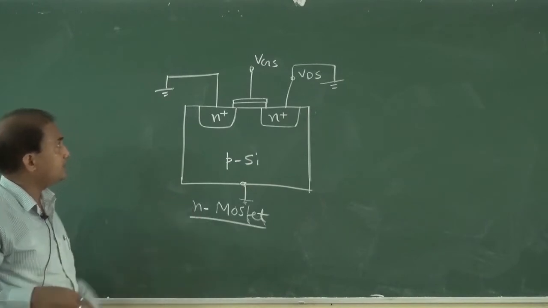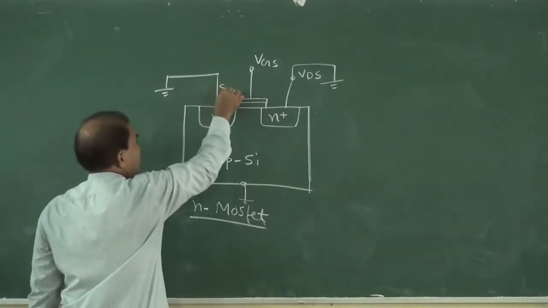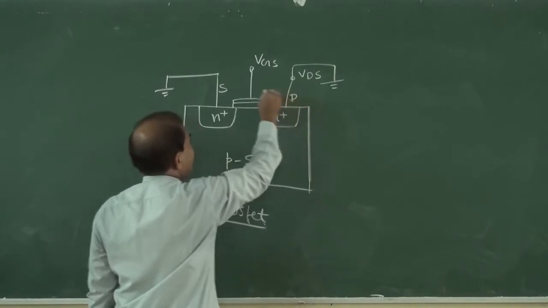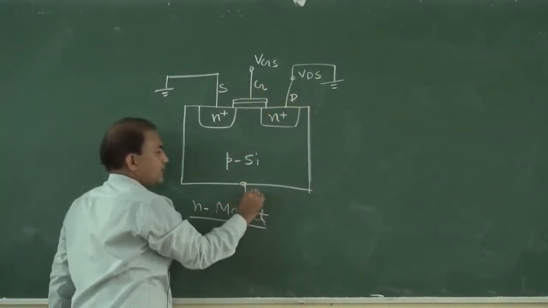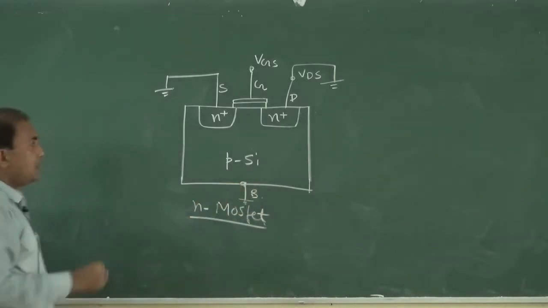In the n-channel MOSFET, this is the source terminal, this is the drain terminal, this is the gate terminal, and this is the substrate or body terminal. Okay.